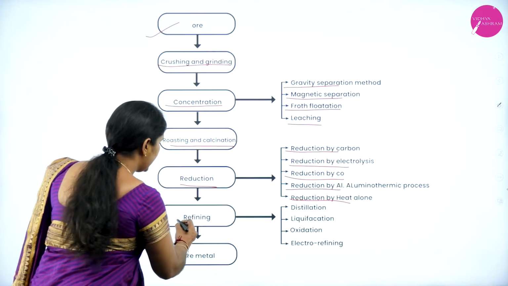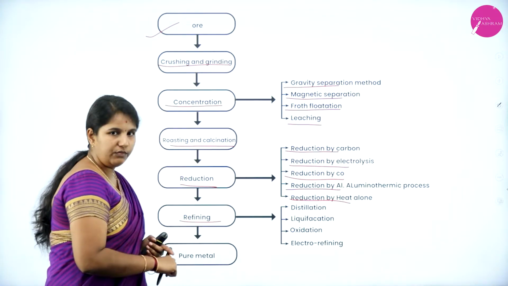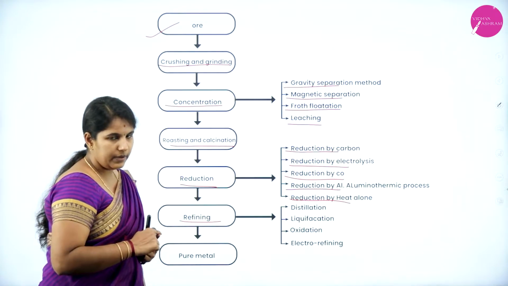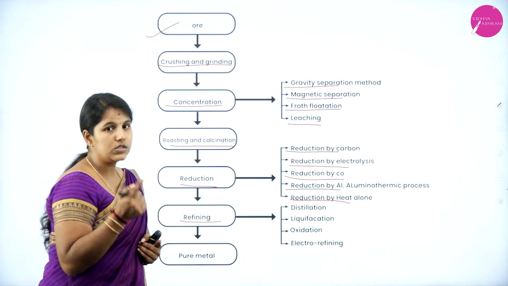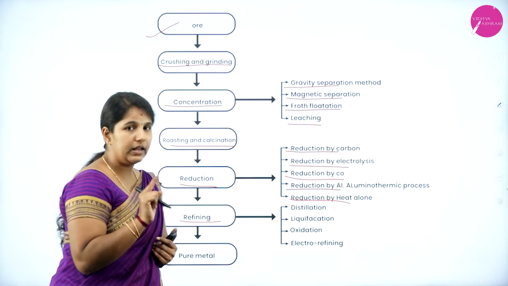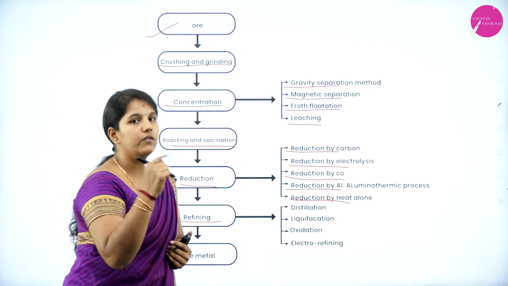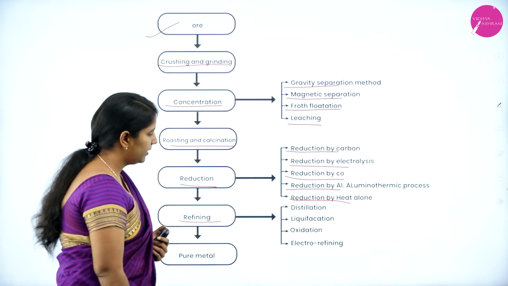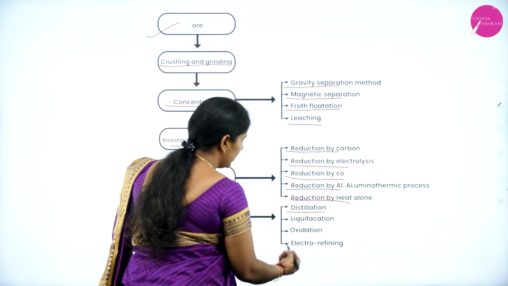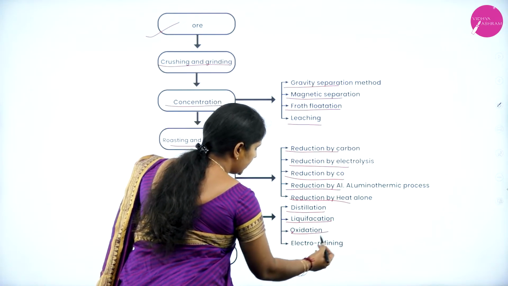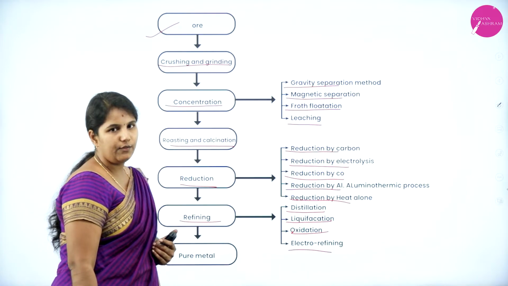Then is refining. In refining also we follow four different methods, and any one can be used. Remember, it depends upon the metal or the ore from which the metal is extracted. They are distillation, liquefaction, oxidation and electro-refining.